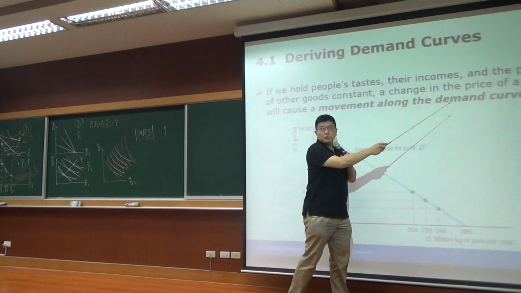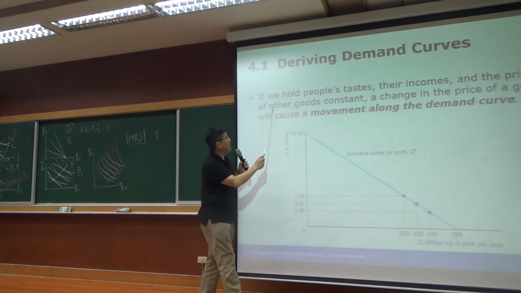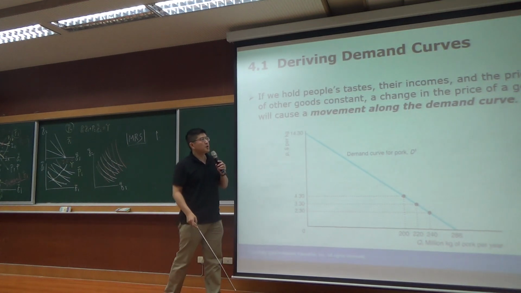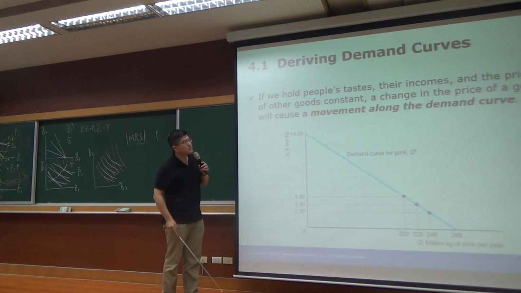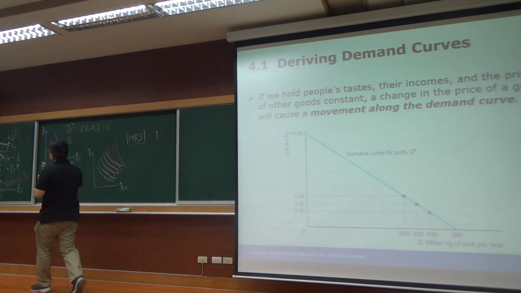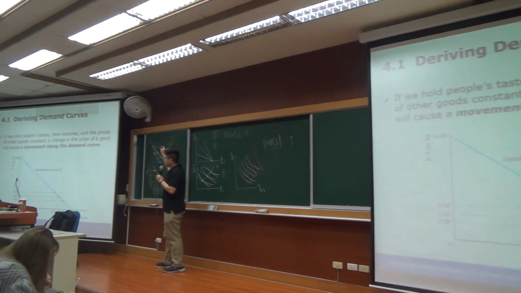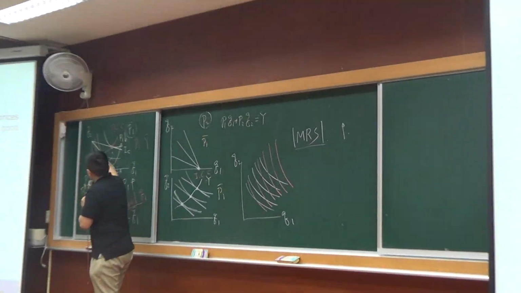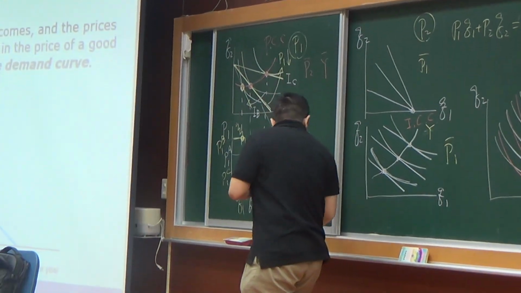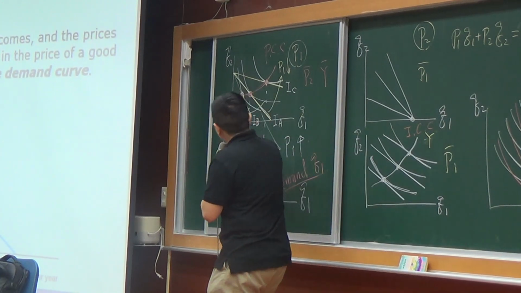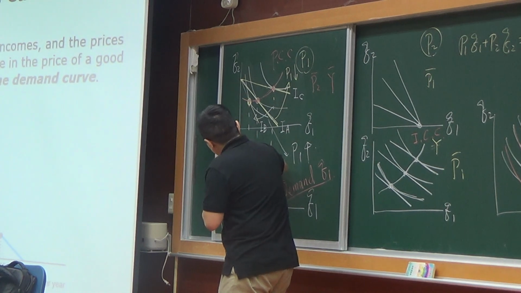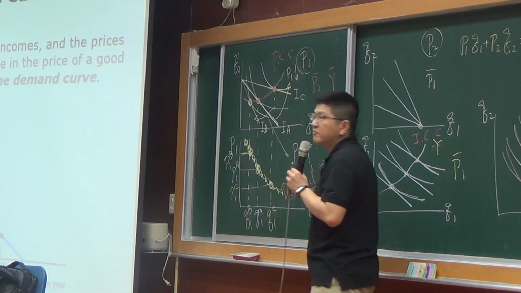Also, hold their income and the prices of other goods, which means P2, constant. A change in the price of a good would cause a movement along the demand curve. So when P1 changes, you will see the corresponding points on the demand curve is a type of movement along this demand curve, right?